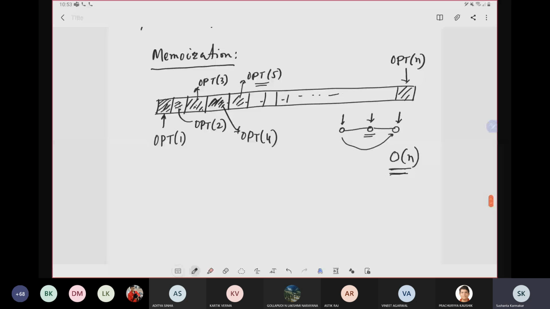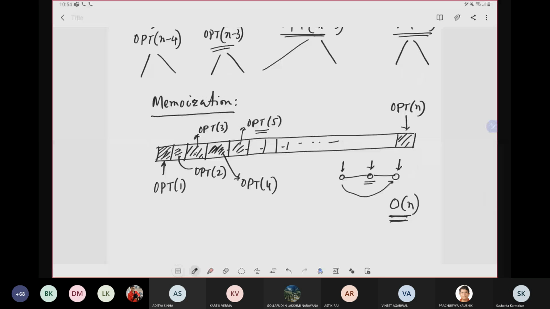But it is not very difficult to get the set, because once you know this opt-n, you know that out of the previous two values, opt-n minus 1 and opt-n minus 2, you took the max of these two, right?